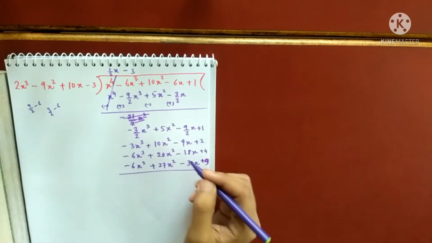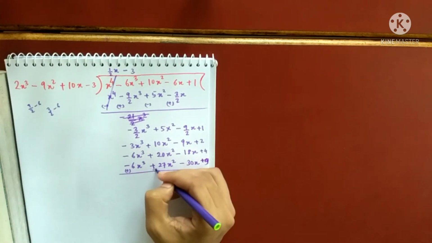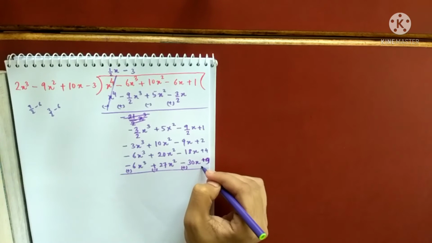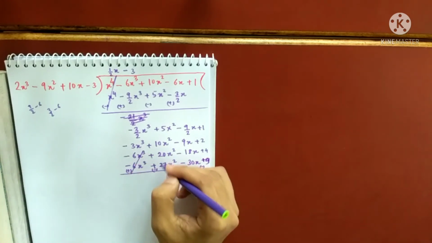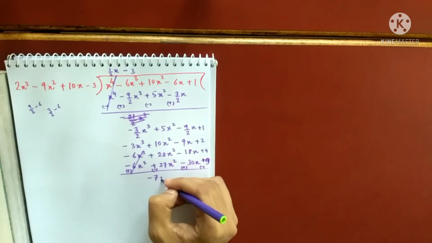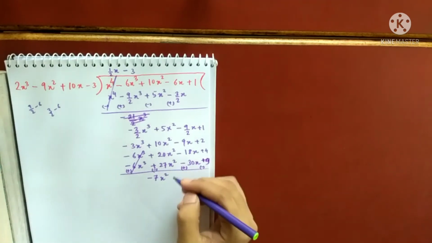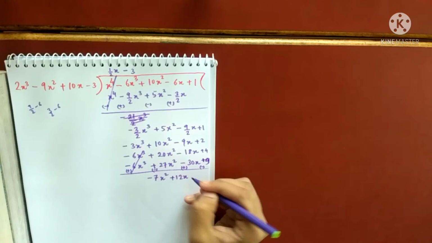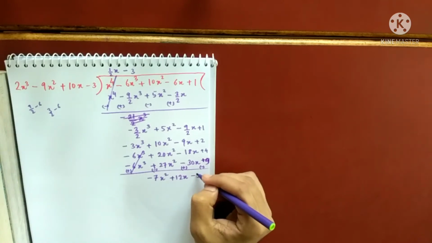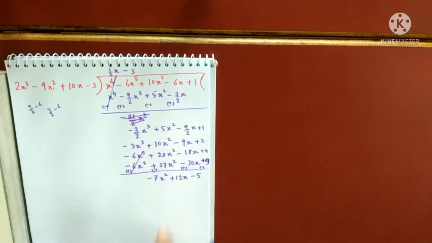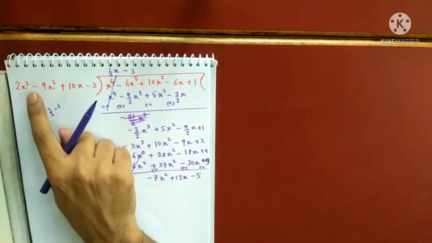So just plus minus, minus 7x square. So how much? This is plus 12x minus 5. So I cannot divide further because the degree is 2 and the divisor's degree is 3.